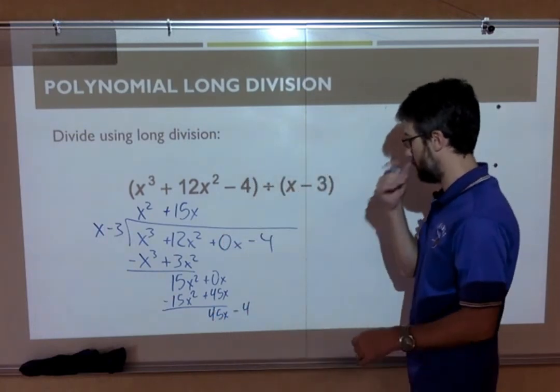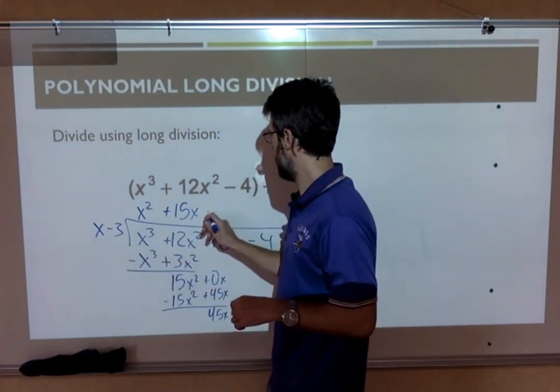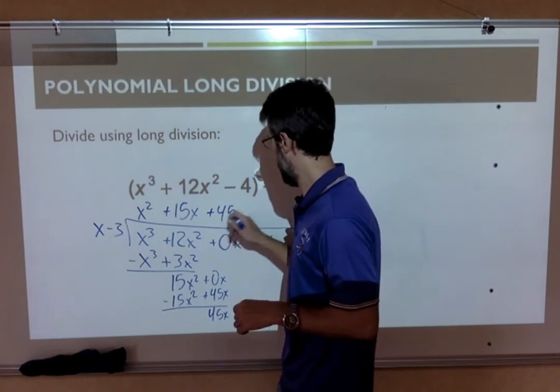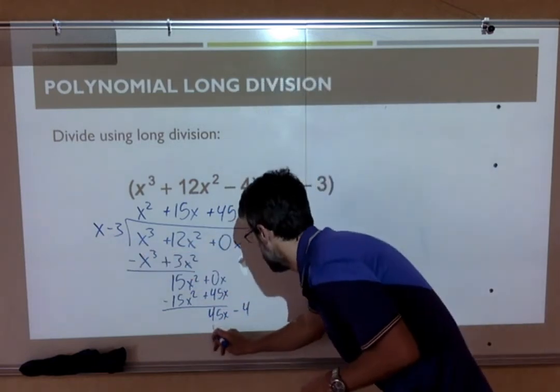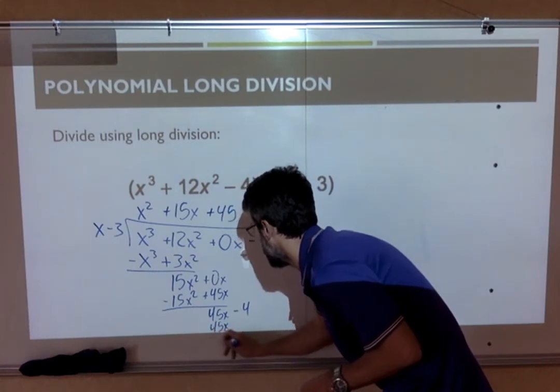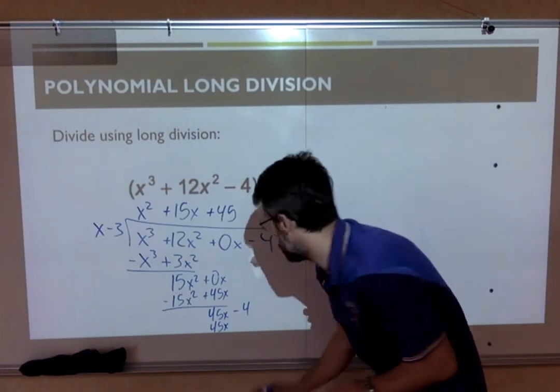This will be the last row, which is good because I'm running out of room. 45x divided by x is 45. And 45 times x minus 3 is 45x, 45 times 3 is 135.